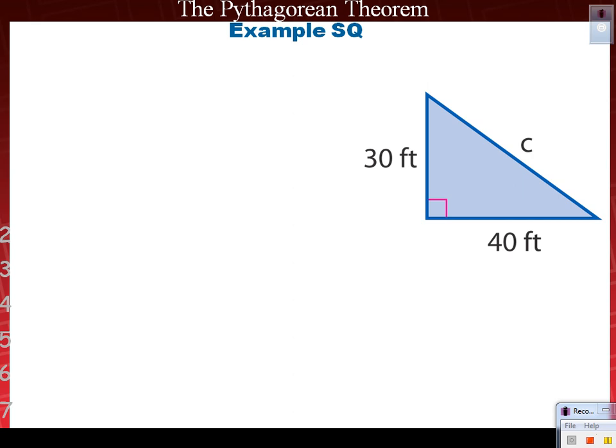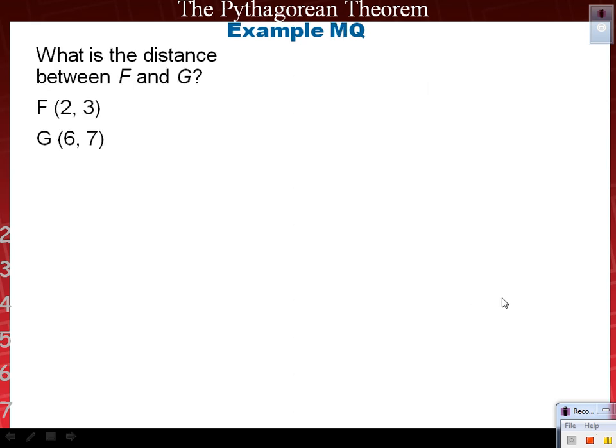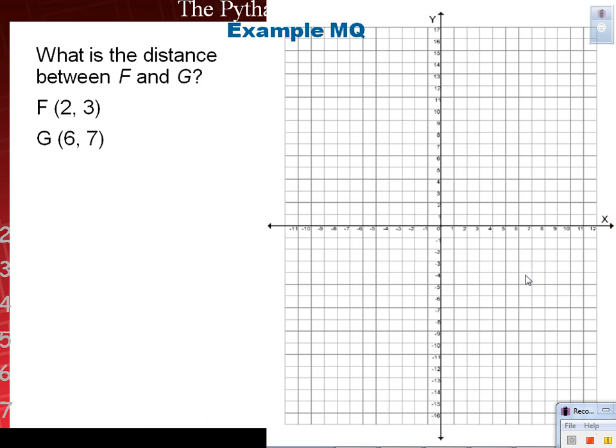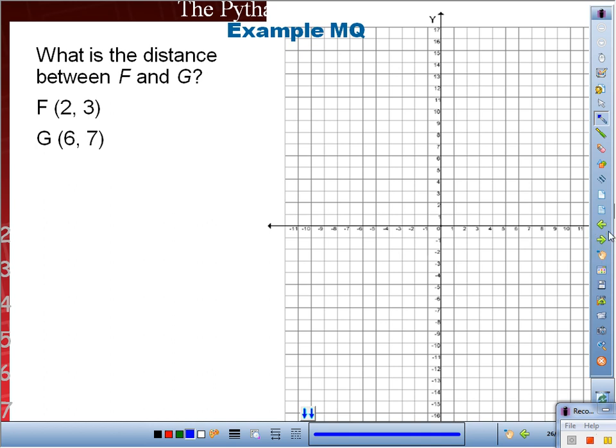Top left. What is the distance between F and G? F is 2, 3, and G is 6, 7. Copy that. And then from there, plot the points. First point is 2, 3. 2, 3, it's right there.